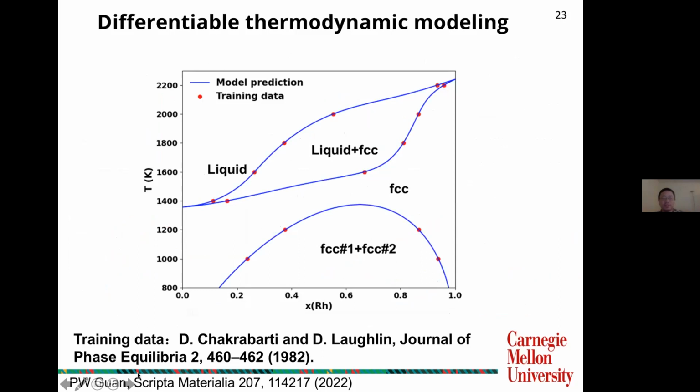I think this is a very simple system. It's just a binary, but if we can apply it to a multi-component system, I think the principle is the same. Then at that time we can use some machine learning features to learn the phase stability.